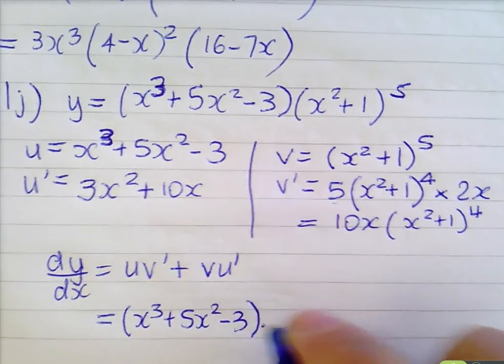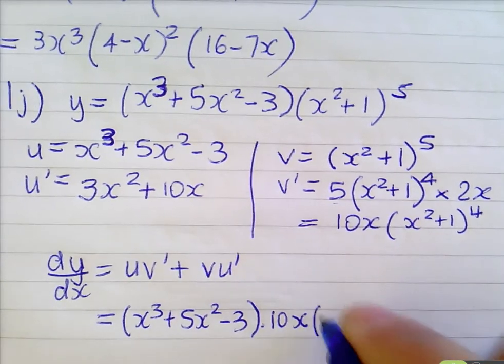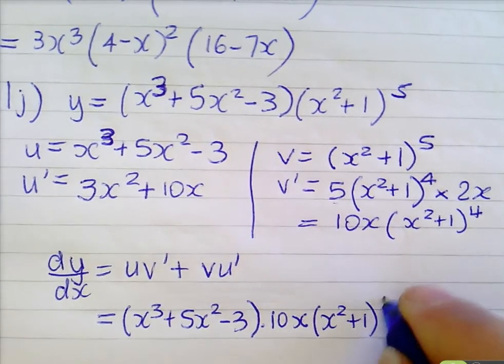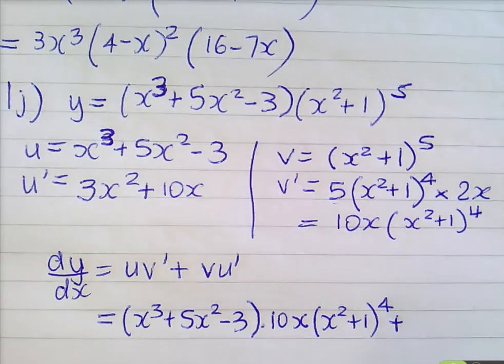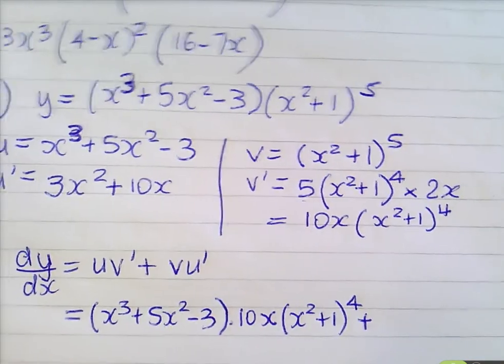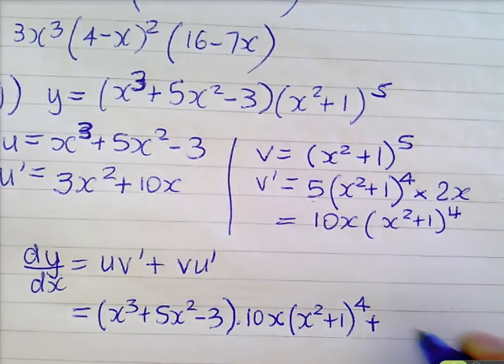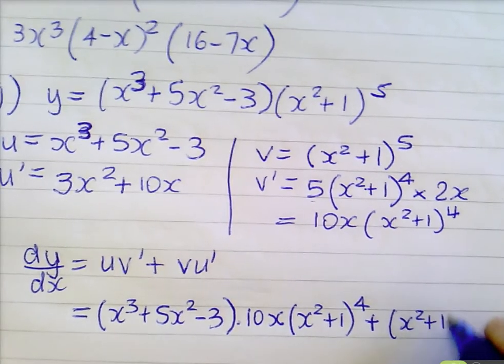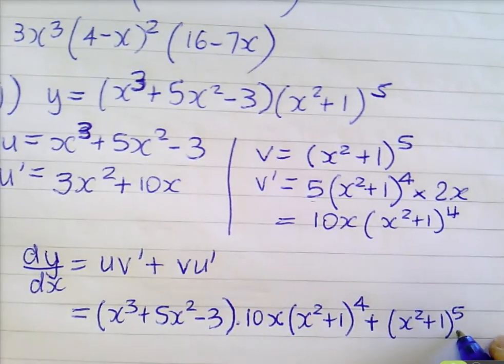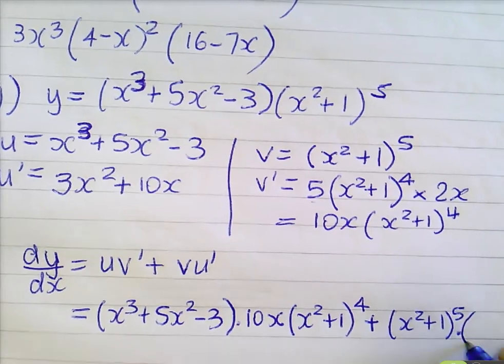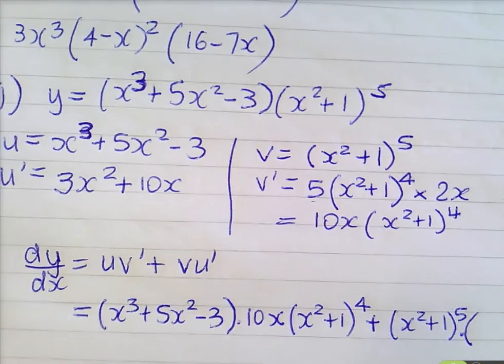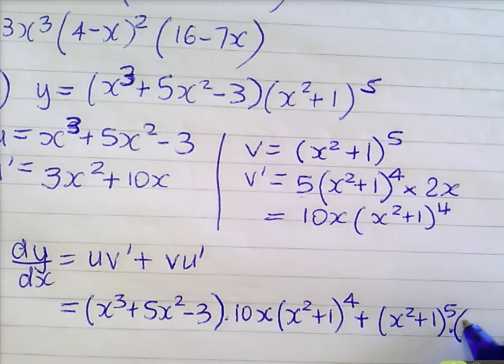V dash is, put a dot, 10x, bracket, x squared plus 1 to the power of 4 plus V, which is x squared plus 1 to the power of 5. And U dash is, I need another bracket because it's more than one thing, 3x squared plus 10x.